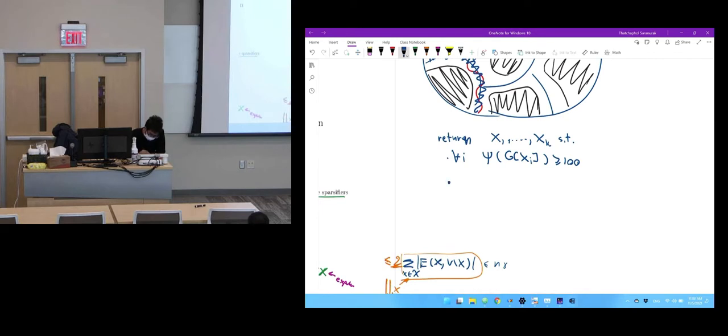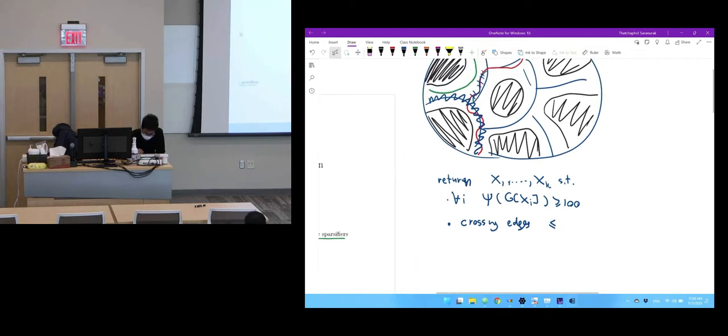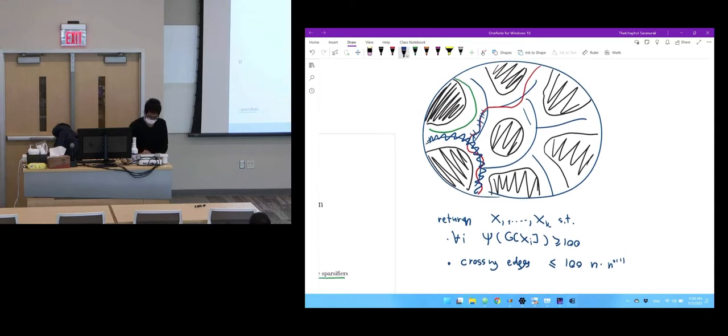And the number of crossing edges is something like 100 times n times some subpolynomial factor, right?